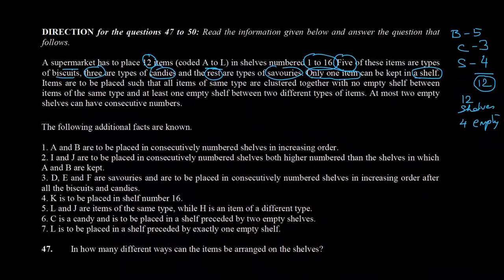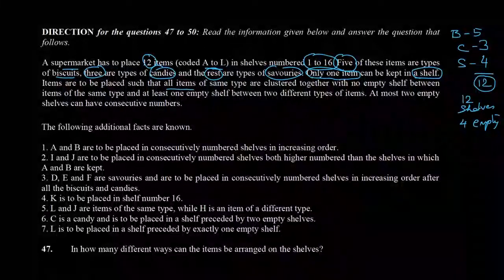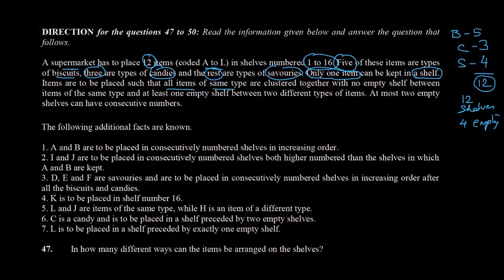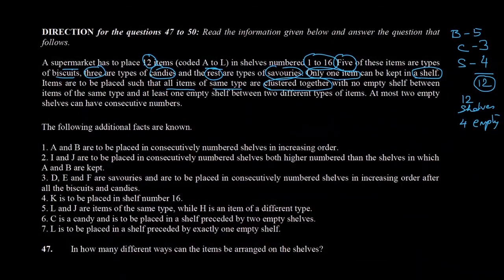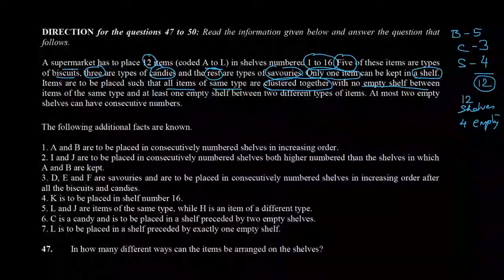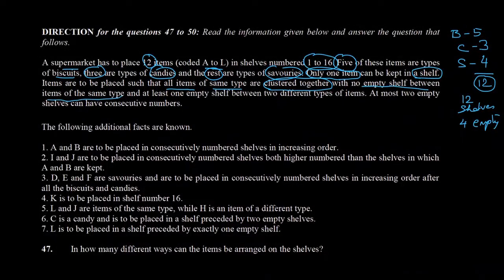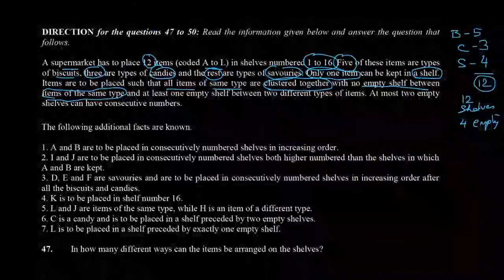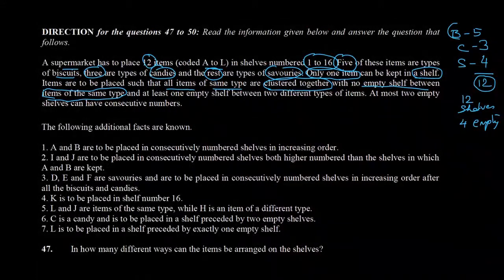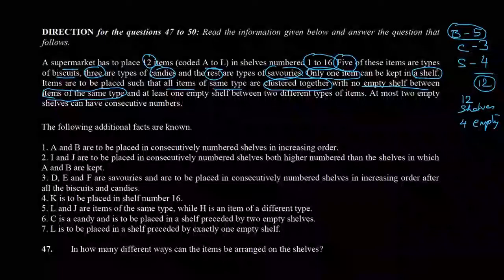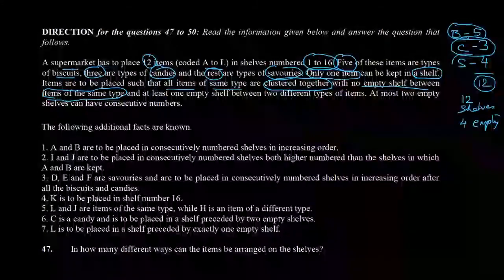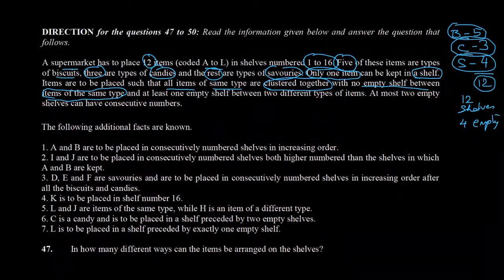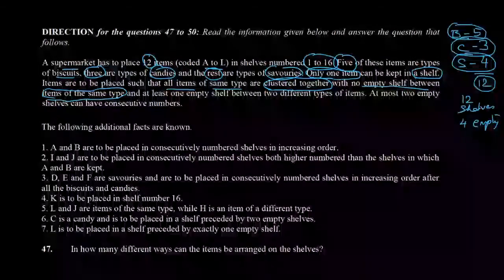Items are to be placed such that all items of the same type are clustered together with no empty shelf between the items of the same type. So all the 5 biscuits will come one after the other, all the candies will come one after the other, and all the savories will come one after the other.